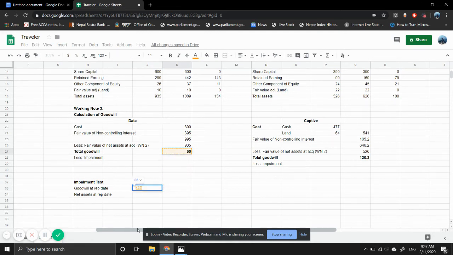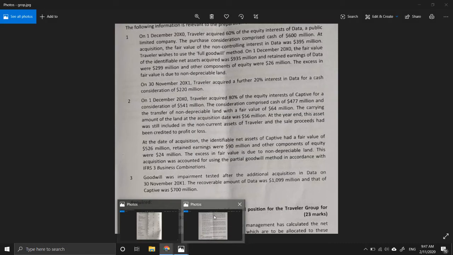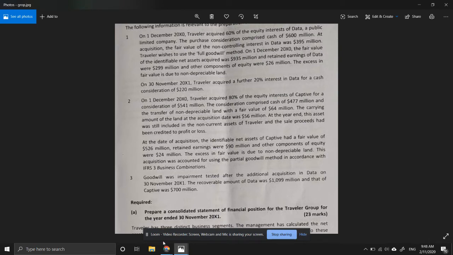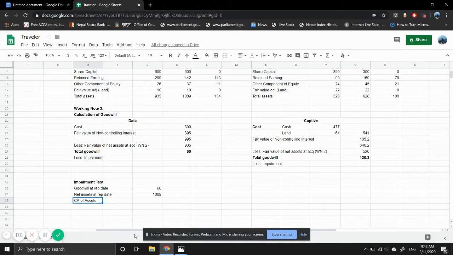It was this figure, right? And goodwill was this figure, and then net assets was this figure, because we are doing an impairment test at the year end only, right? So carrying amount of total net assets.